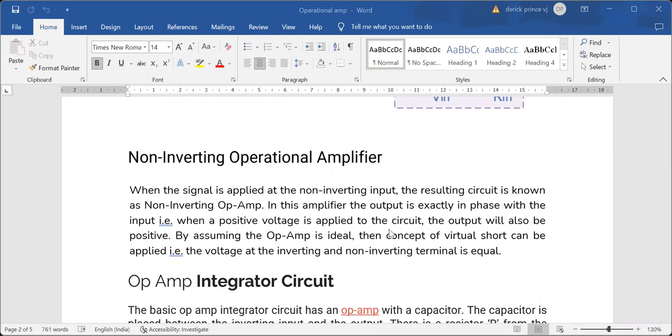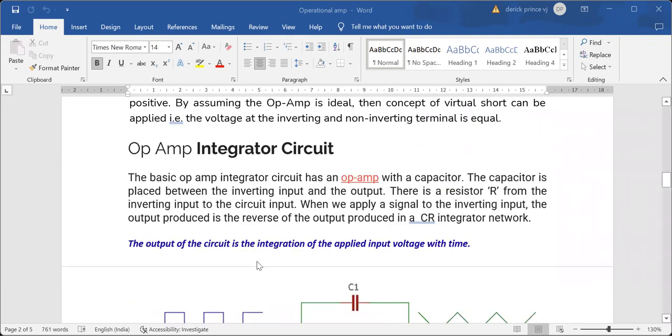When a positive voltage is applied, the output will also be positive, with no change in polarity. By assuming the op-amp is ideal, the concept of virtual short can be applied, so the voltage at the inverting and non-inverting terminals is equal.